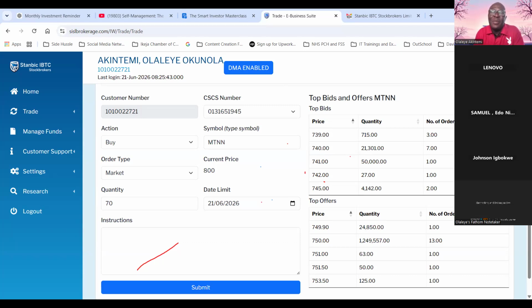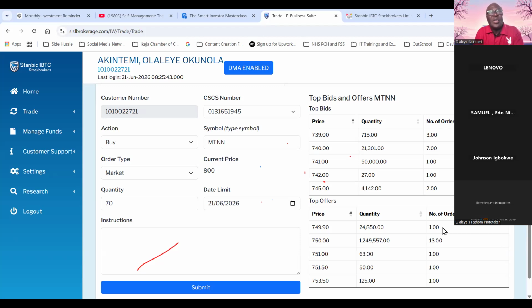So what that tells you is you cannot time the market, and the price changes all the time. Because you buy it at 750 naira now, it doesn't mean that is the lowest price you can get. Somebody else might log in 10 minutes later and get it for 740 naira.